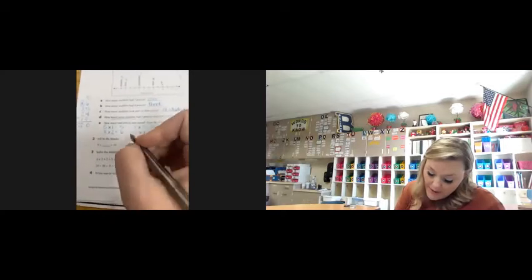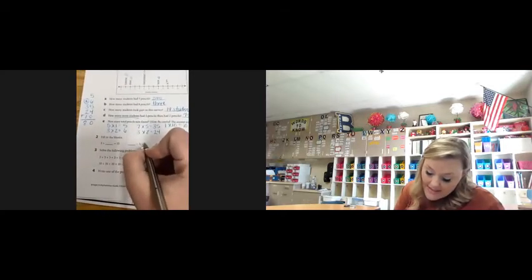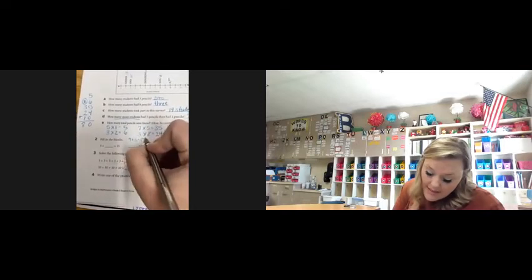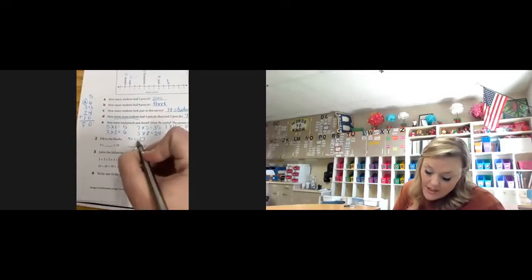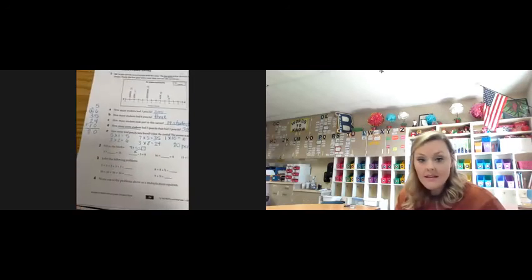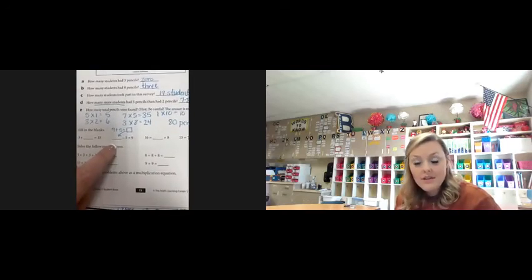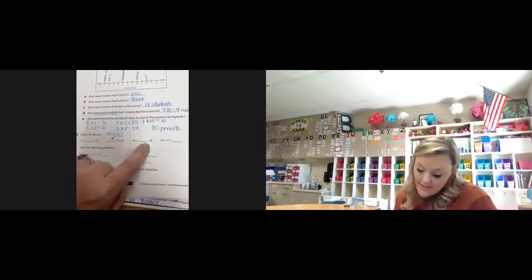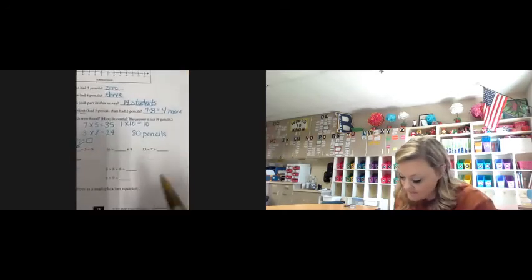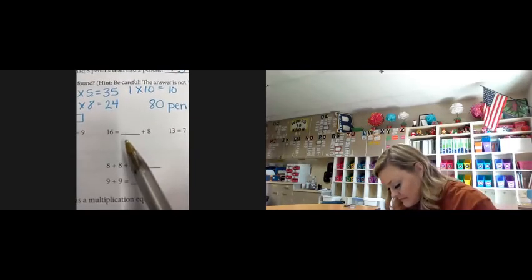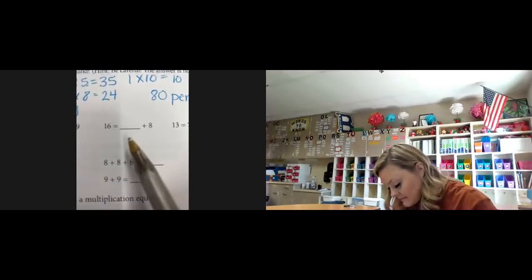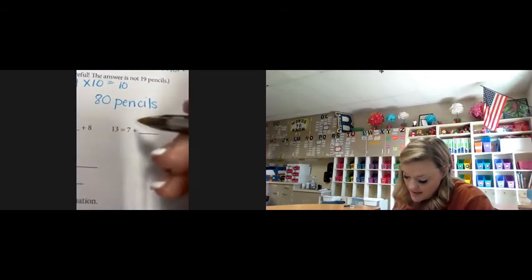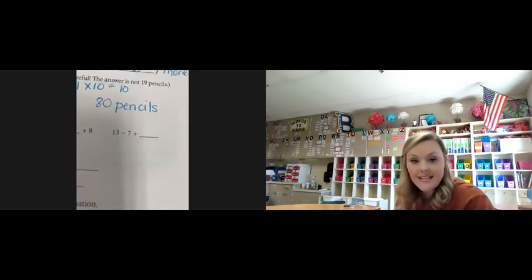You can flip it around and you can add these two. 9 plus 5 is going to be the sum, which then would become the number that you would start here with your subtracting. 16 is the same as something plus 9. And 13. 7 plus what is 13?